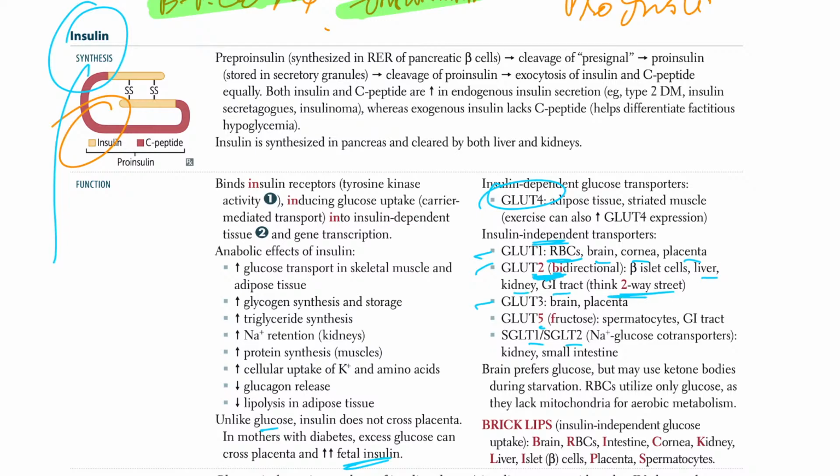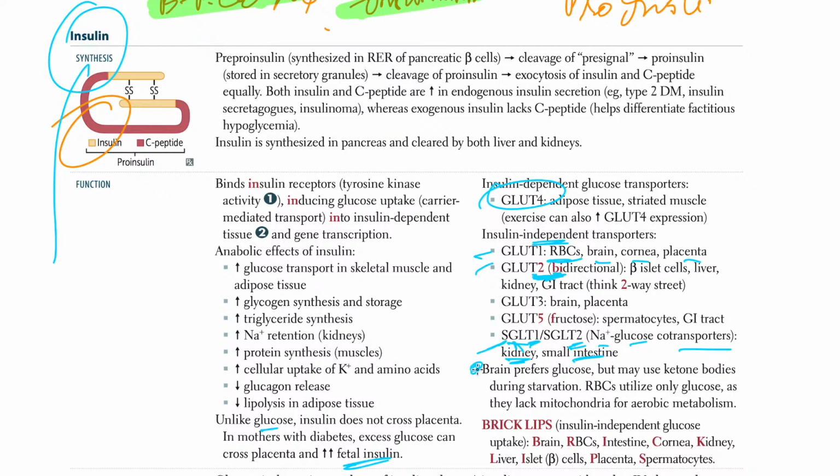Think two-way street, right? GLUT3 is brain and placenta. GLUT5 is for fructose. Fructose is needed for spermatogenesis and the GI tract. SGLT1 and 2: S for sodium, G for glucose, co-transporters. We have transporter 1 and transporter 2, and they are in the kidneys and in the small intestine.